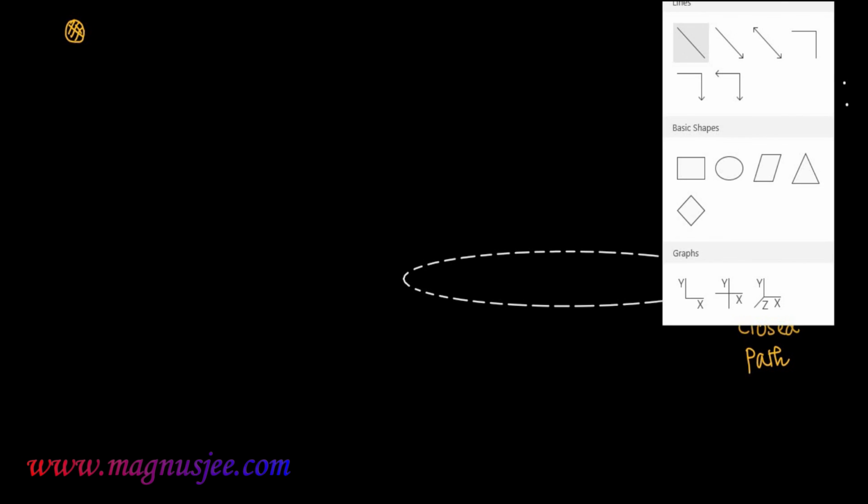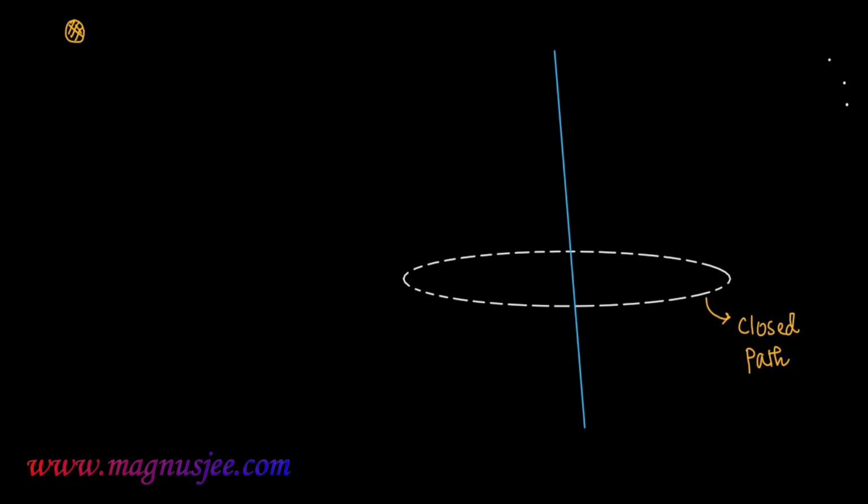Now we consider a closed circular path through which two currents are flowing.